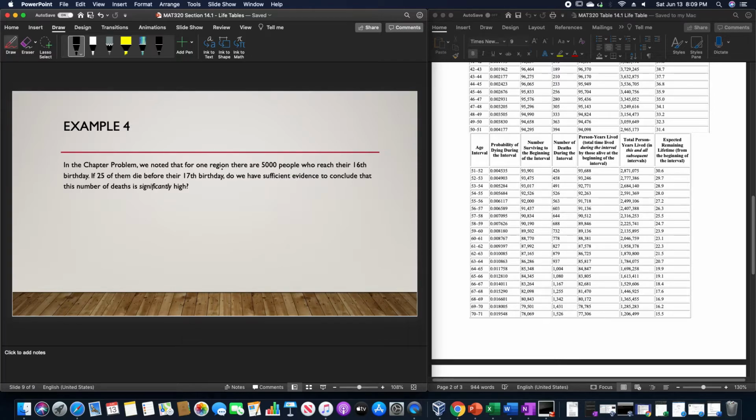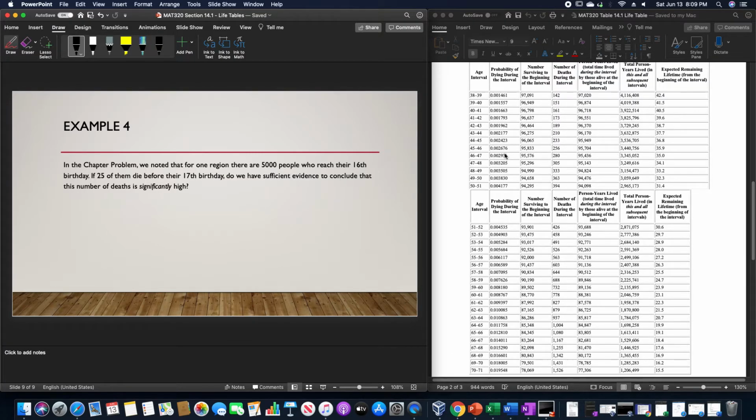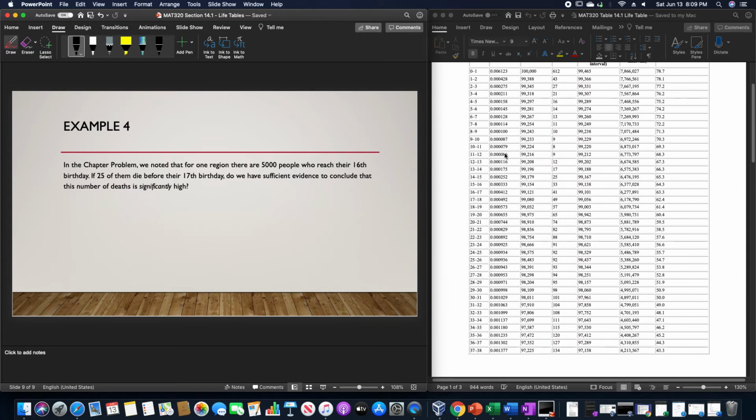So, for the age interval of 16 to 17, according to this table, we had the probability of dying of 0.000412.